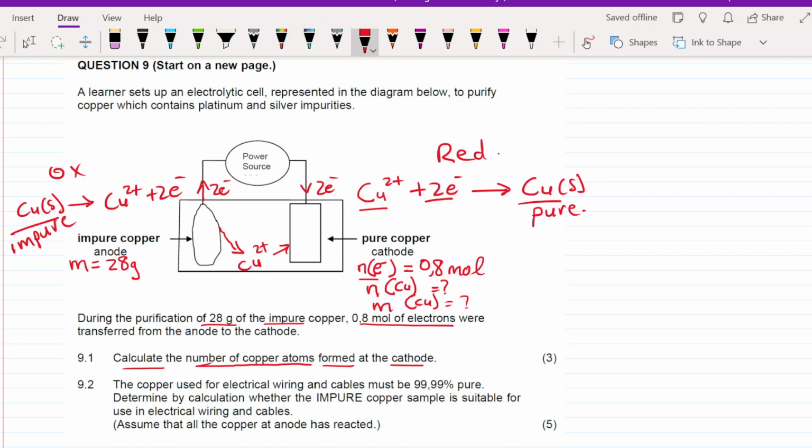So the only thing that we know is this one. We know the number of moles of this is 0.8. We also know the mass here, which is 28 grams.